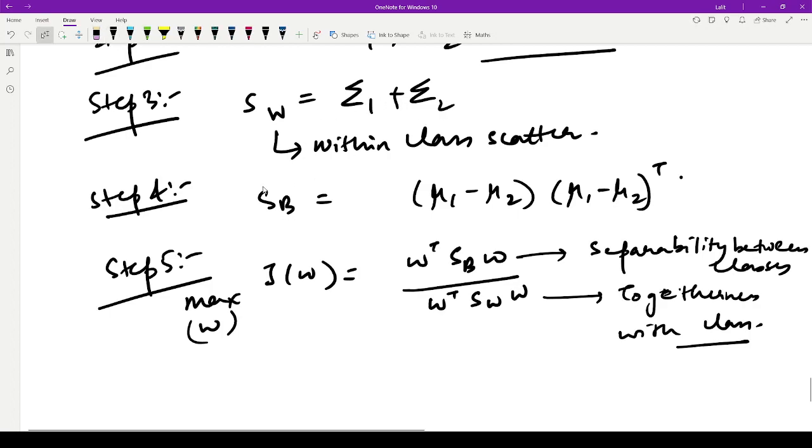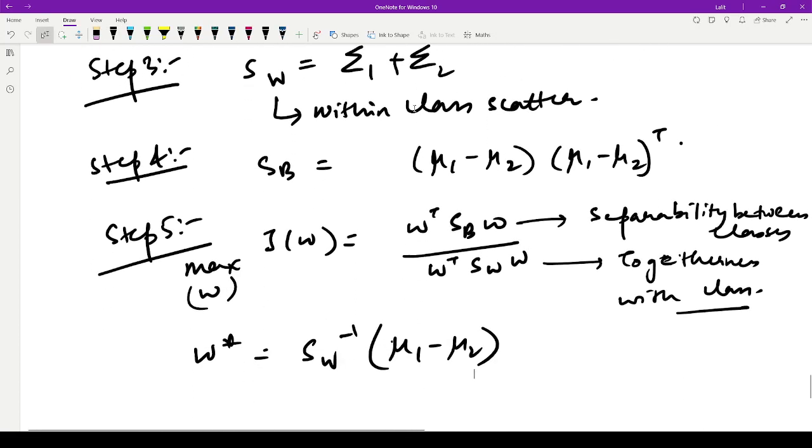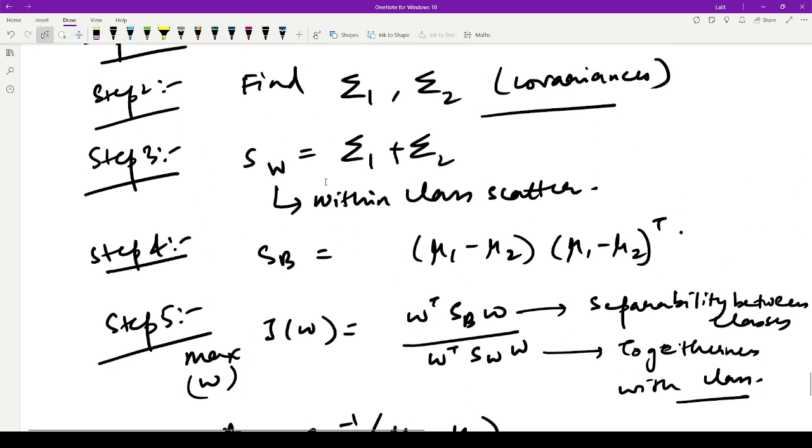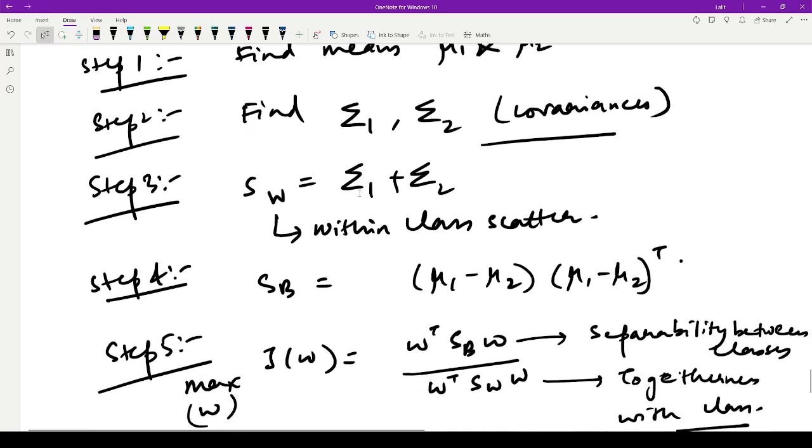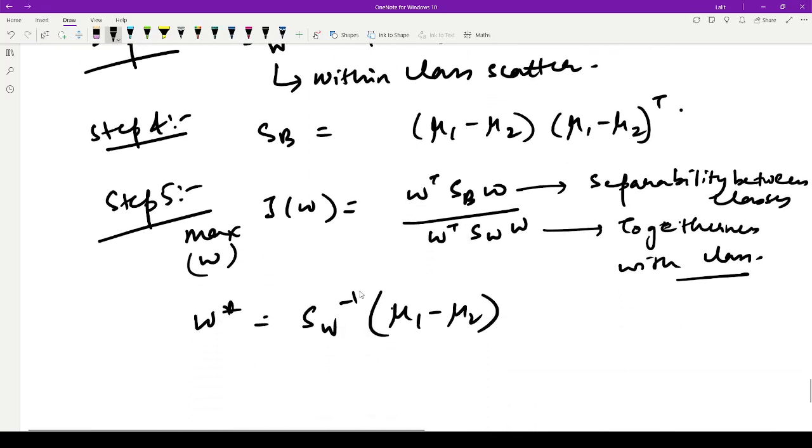Since this has been solved, you can use the optimal formula, which is just this. So mu1 minus mu2 we have already computed. SW is just the summation of the covariance matrices. So you just sum the two covariance matrices and then take the inverse of it. And what you get is the final weight matrix.